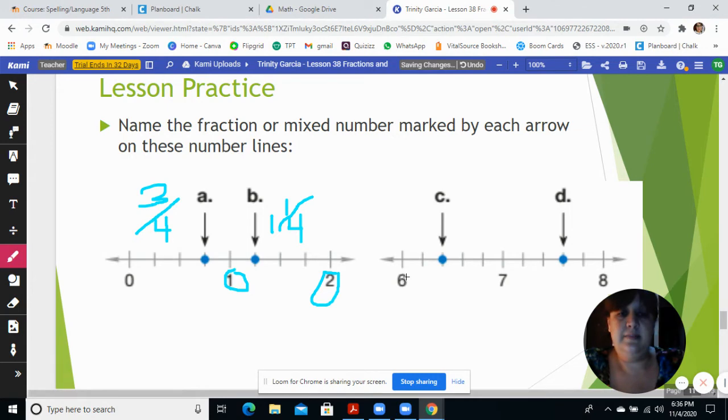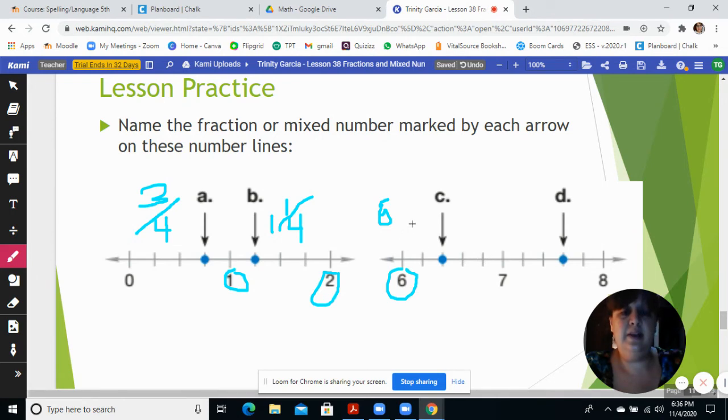Now C. We know that our whole number needs to be 6 because we have not got all the way over here to 7 yet, right? So we're going to put 6 as our whole number. And now we're going to figure out the other part of our mixed number, which is our fraction. We're going to count how many spaces. 1, 2, 3, 4, 5.